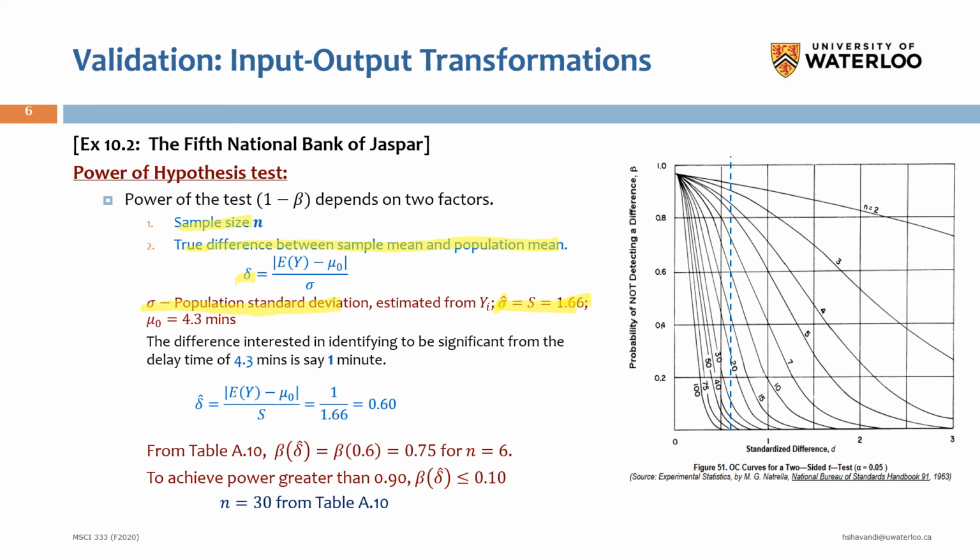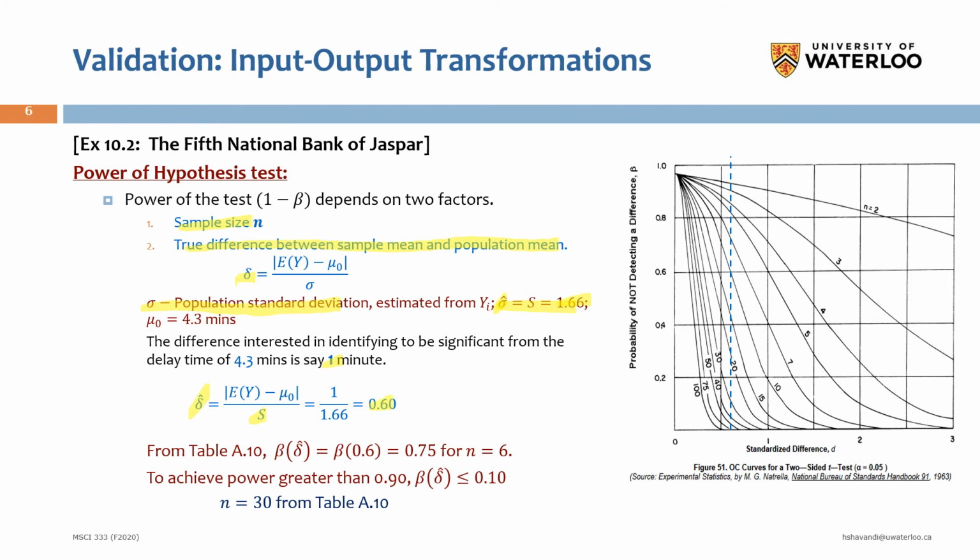Okay, so for our example, if we assume that 1 minute as the absolute difference between the sample mean and the population mean is reasonable for us, and having S as the sigma hat from the sample data, we can obtain the delta hat as 0.6.